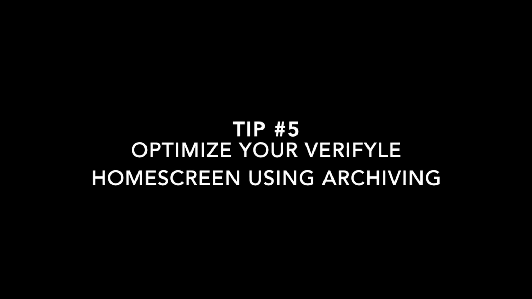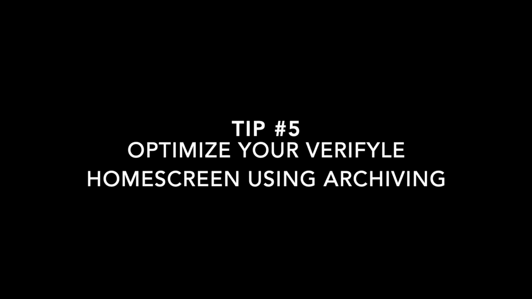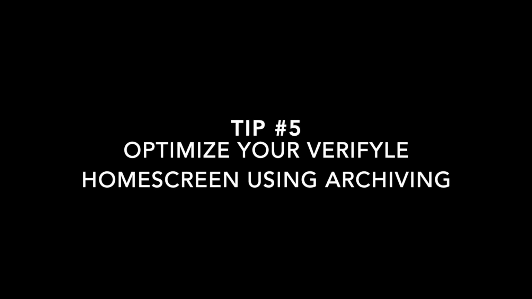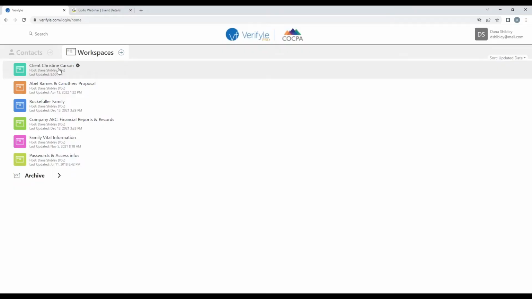Tip number 5, how to optimize my home screen using archiving. Among my list of workspaces here, it might occur to me that one of those workspaces in particular, the Abel Barnes and Carruthers proposal workspace, no longer needs to be top of mind for me.